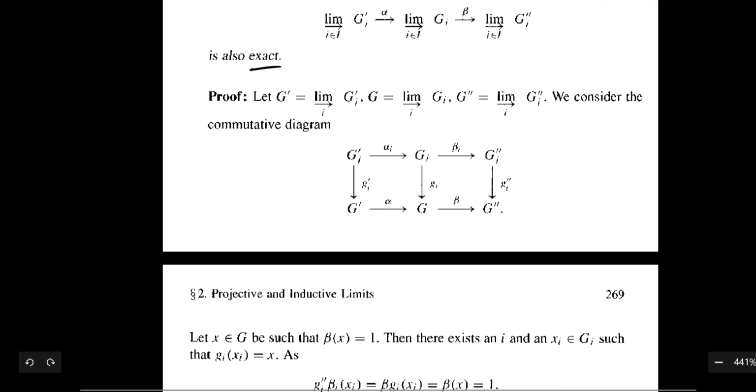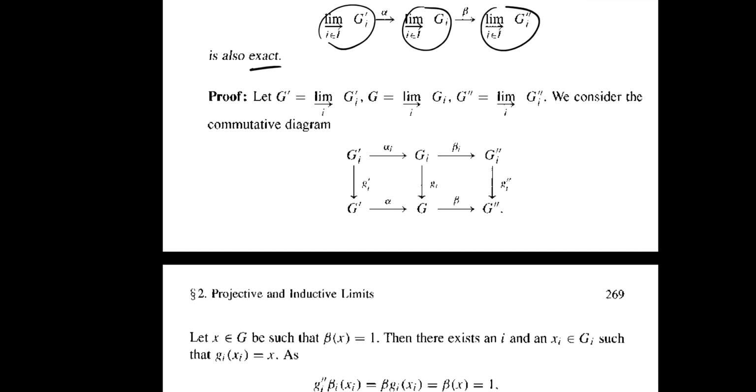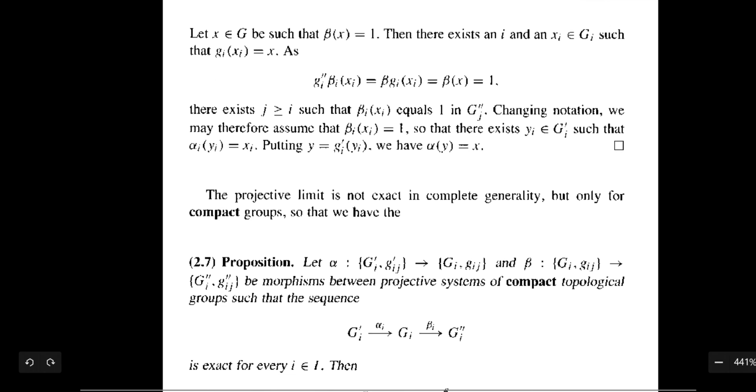But actually these are only objects in the category of topological spaces, so these are topological spaces themselves. So of course you can check whether the kernel equals the image and so on.